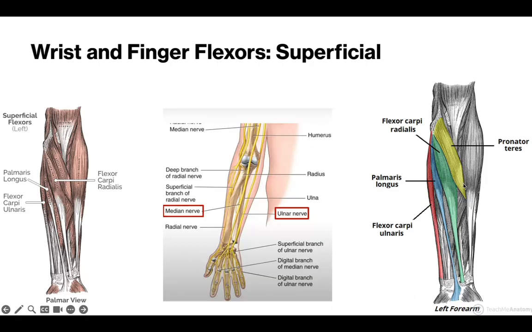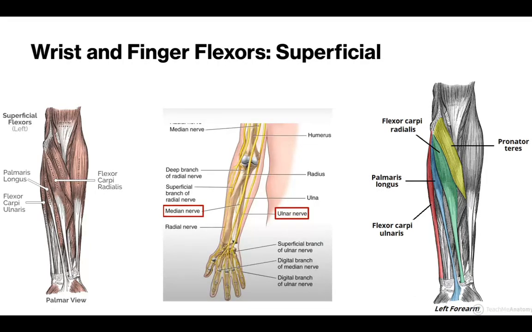Okay, so just thinking about the word there, pronator is going to help us understand the action. The action of this muscle is to pronate the hand. All right. So if you're pronating the hand, that means you're moving the radius over the ulna. All right. Whereas the biceps brachii was supinating the hand, moving the radius so that the two bones in the forearm were parallel with each other.